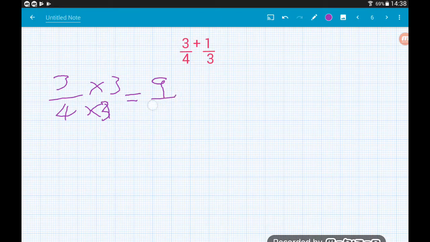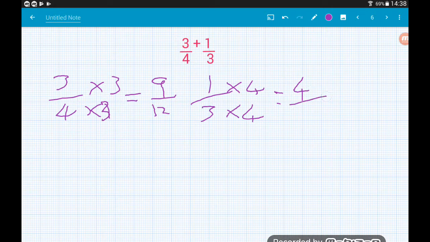And 4 times 3 on the bottom is 12. And then with 1/3, we're going to do top and bottom by 4. So then the top, 1 times 4 is 4. And on the bottom, 3 times 4 is going to give us the 12 that we need.